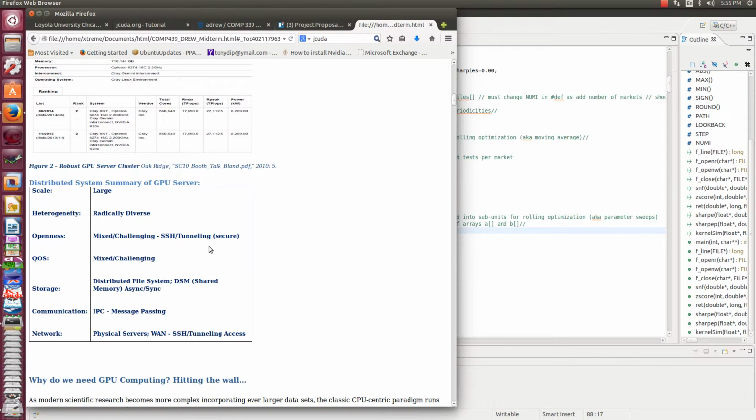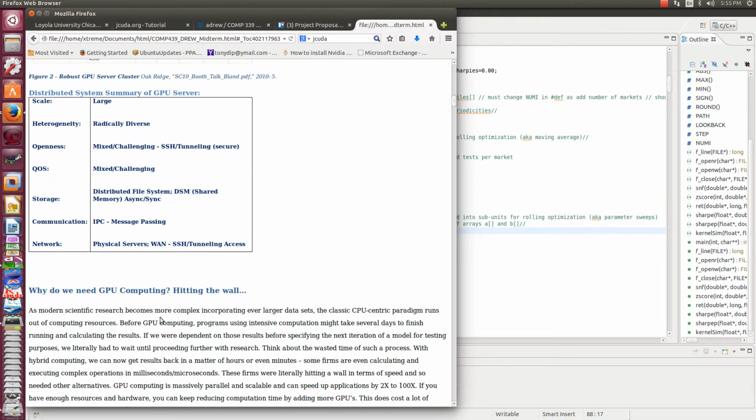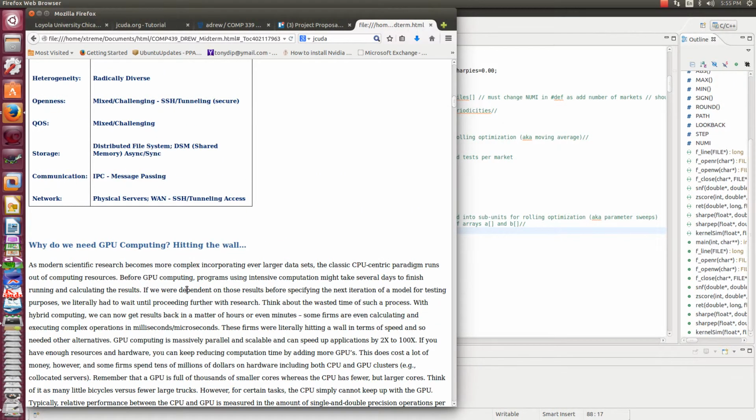Storage tends to be distributed file systems, and there's also shared memory, synchronous and asynchronous. Async means things are passed back to the CPU as they get done, in no particular order. Sync means waiting until all the streams and threads are done and then pushing it back. There are times you want to use either, but syncing slows things down.